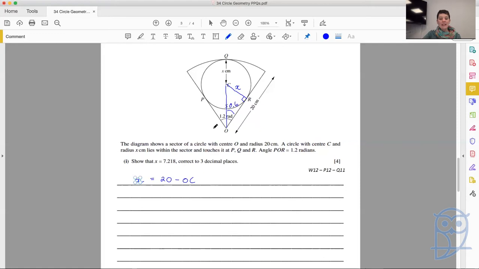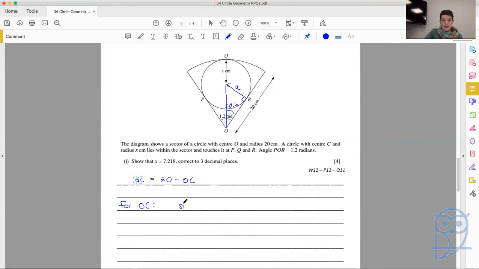And now all of a sudden, we have an angle, an X, and the OC that we're interested in all in one place. Okay, so we can get OC in terms of X. And then if OC has X's, that's fantastic because we can solve for X. So for OC, we know that we have an opposite and a hypotenuse, here is OC.